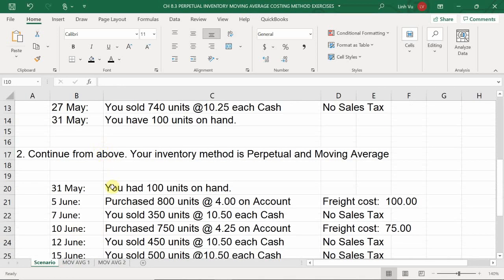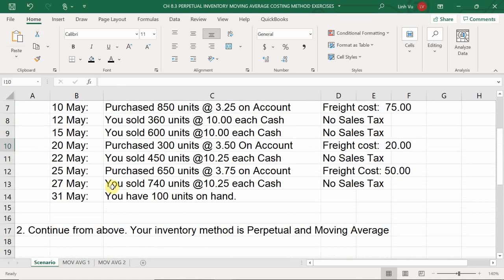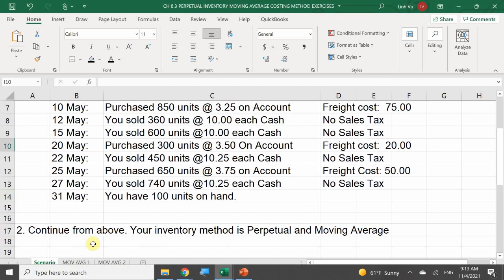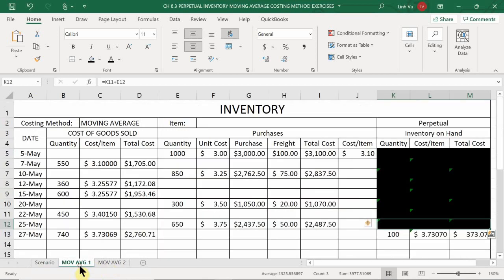Okay, so let's go ahead and continue, right? Because question number 2 tells you to continue the problem here. Teacher, before this second question, I have the price on May 22nd and May 27th, it's changed from the last price. Can you show from this?